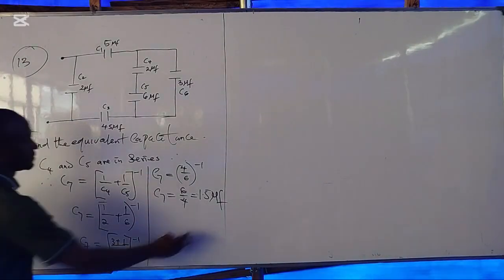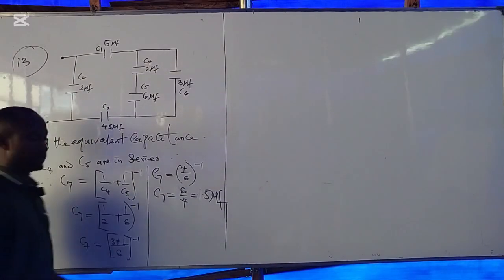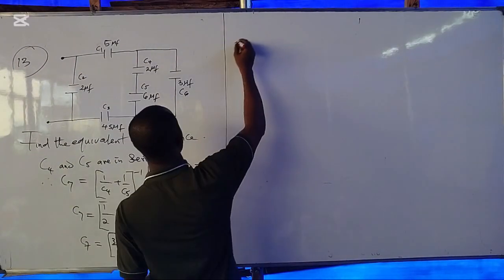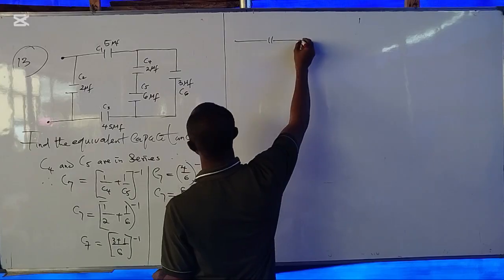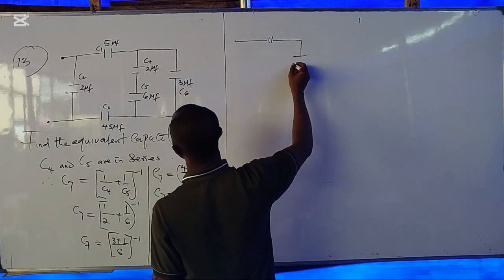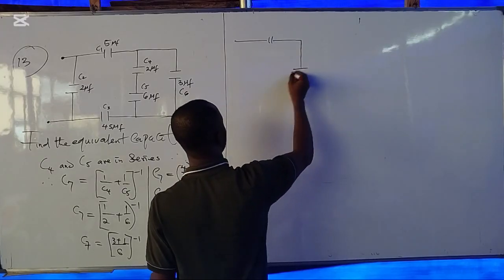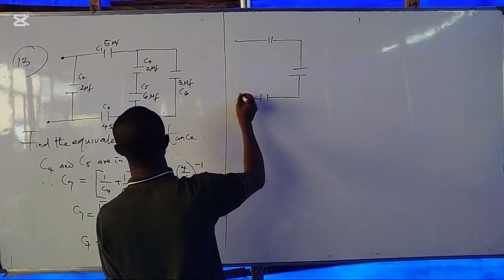Now, the new diagram becomes this, right? It simply means that here we have our C1, followed by this, and here is C3.